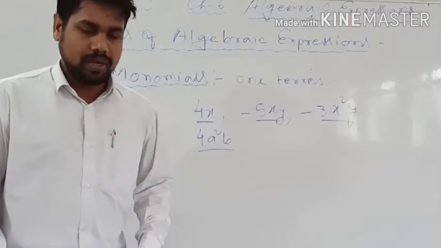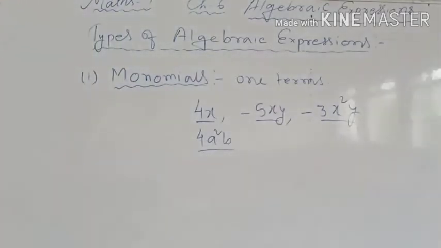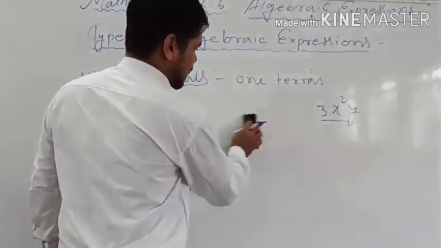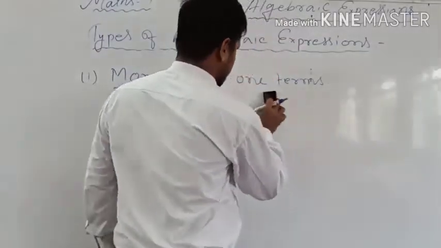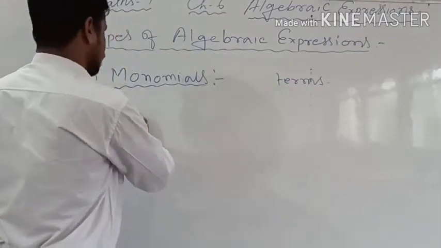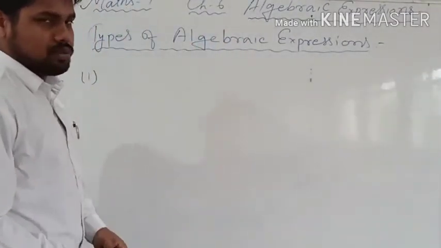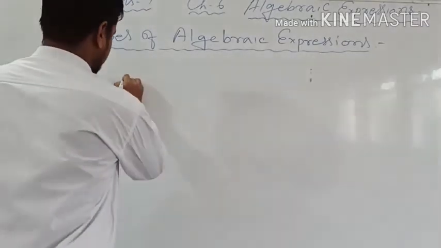So after monomials we have binomials. Binomials are the algebraic expressions which have two terms. So in binomials we have two terms. Very easy. So in monomials one term, so binomials two terms.